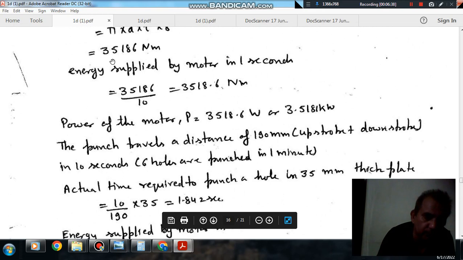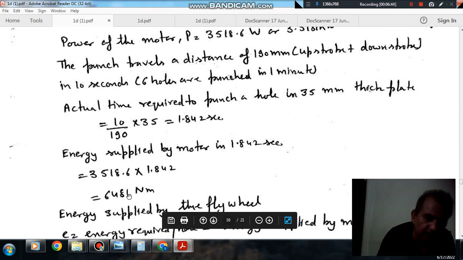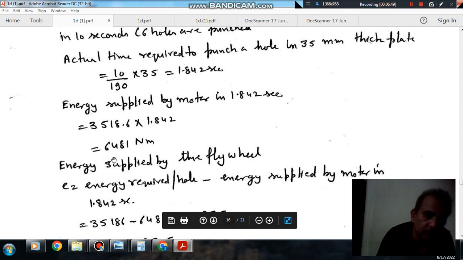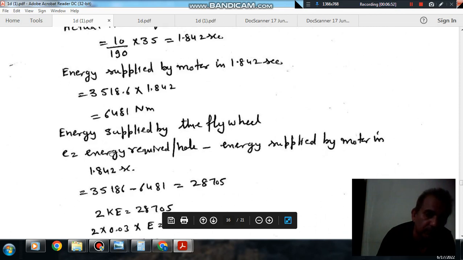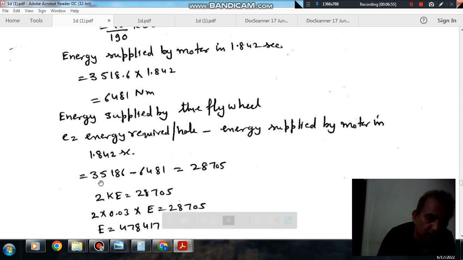The total energy required to make one hole is 35186, which is the energy needed during the 35 mm travel, so the rest of the energy will come from the flywheel. That is the fluctuation of energy of the flywheel. Total energy required is 35186, and energy supplied by the motor is 6481.